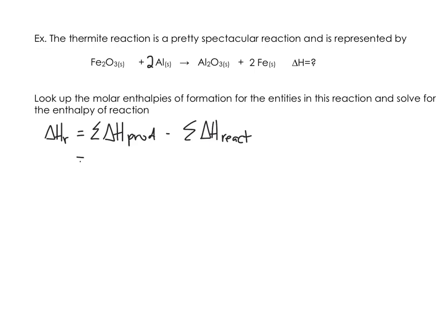So for our products, we've got 2 moles of Fe times the molar enthalpy of formation of Fe plus 1 mole of aluminum oxide times the molar enthalpy of formation of aluminum oxide.